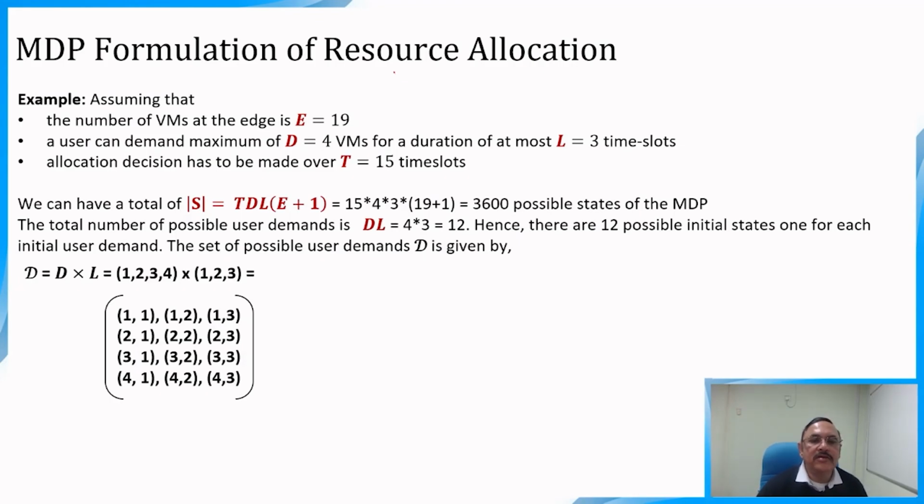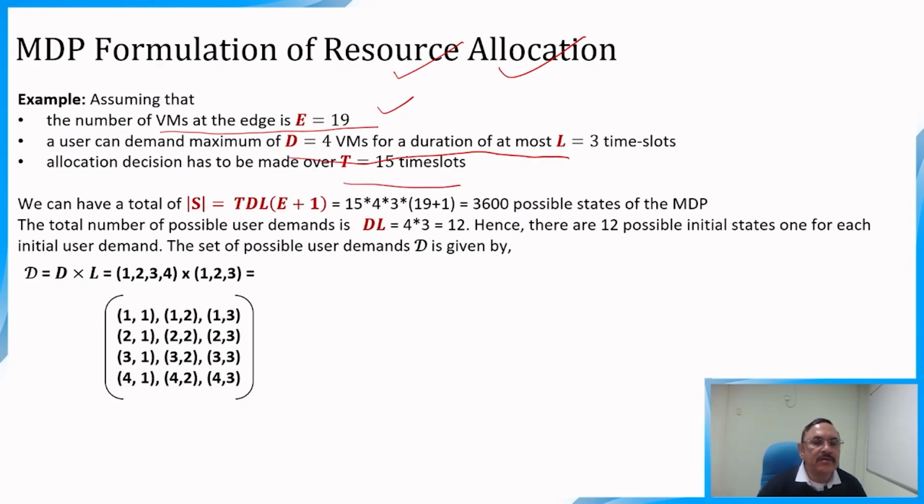So, MDP formulation of the resource allocation, assuming that the number of VMs at the edge is 19 and the user can demand a maximum of D is equal to 4 VMs for a duration of at most L is equal to 3 time slots, allocation decision has to be made over T is equal to 15 time slots.